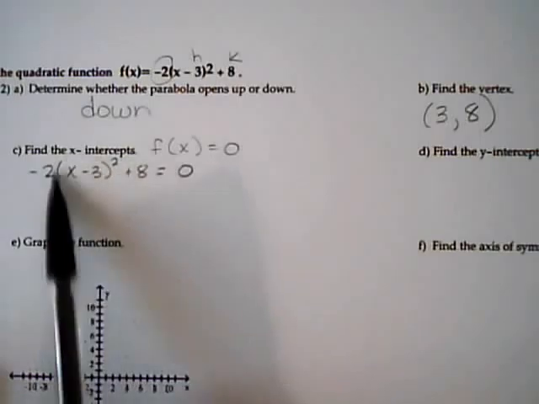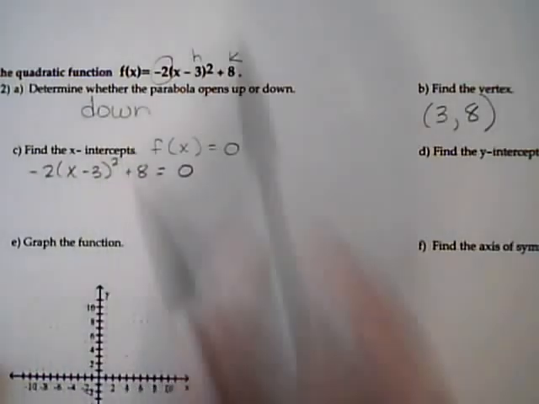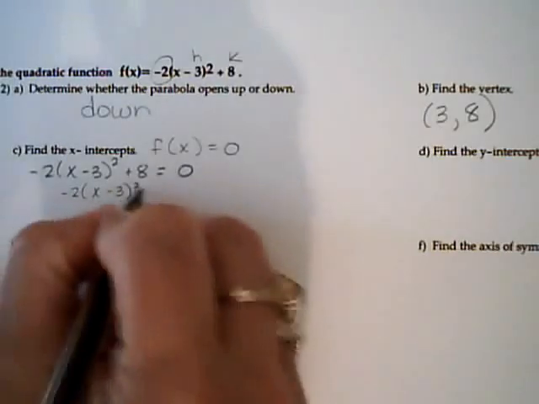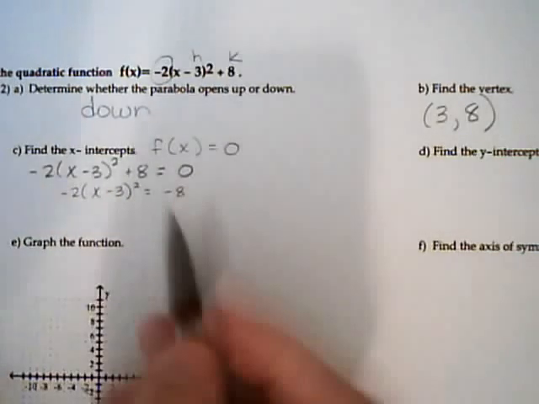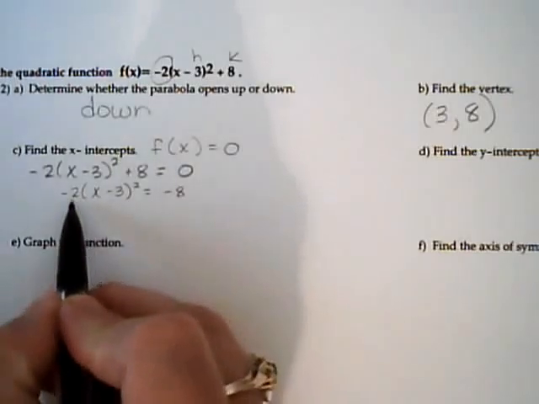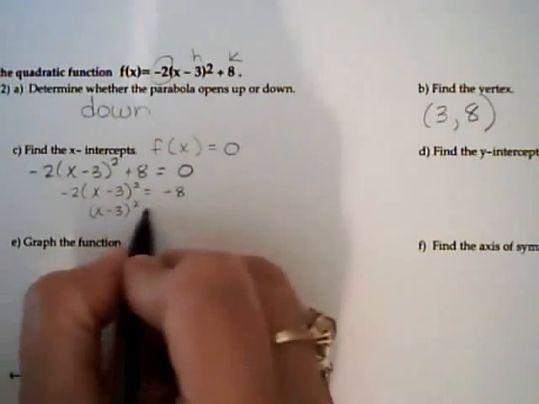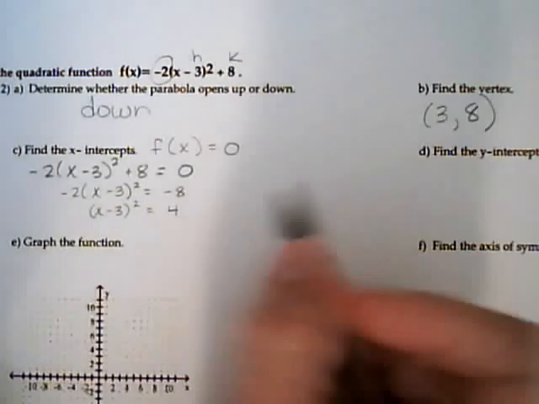So I would want to get (x minus 3) squared by itself. So I would have -2 times (x minus 3) squared equals -8. Divide by -2, so that would give me (x minus 3) squared equals 4.